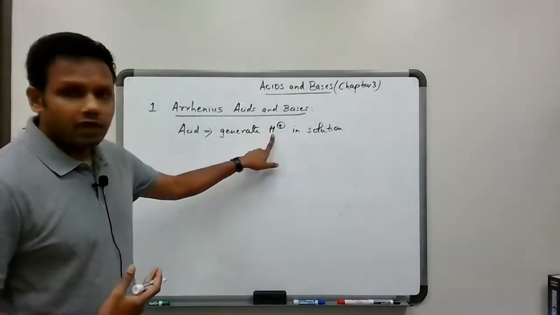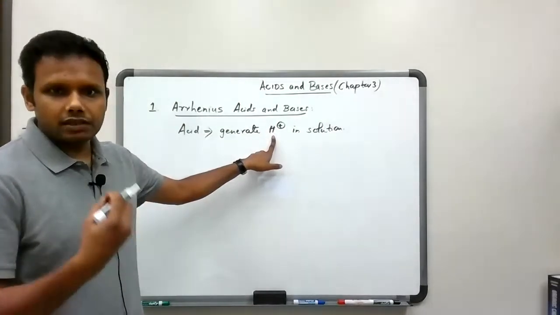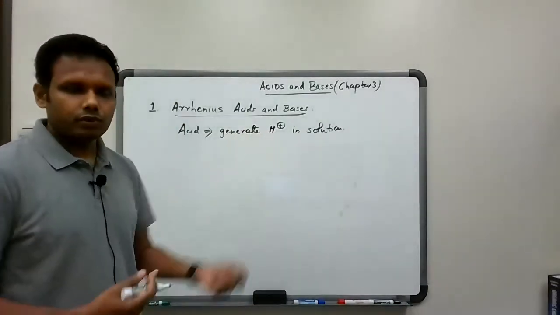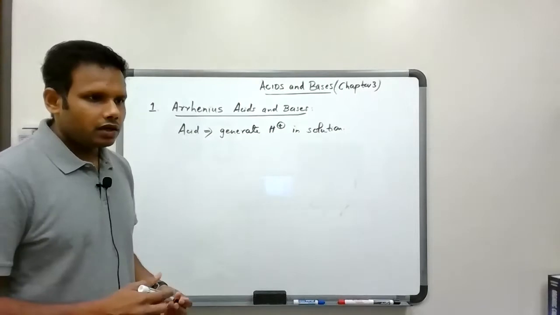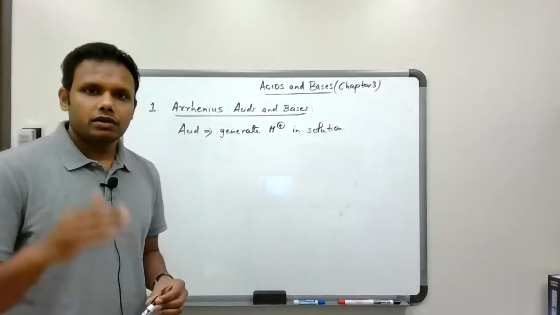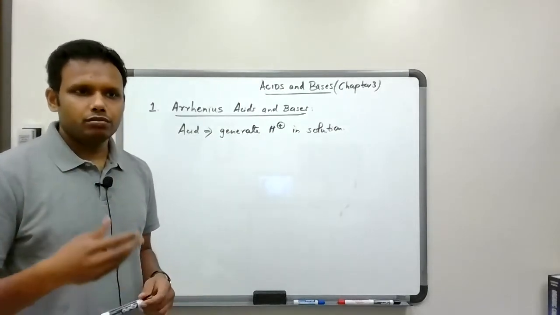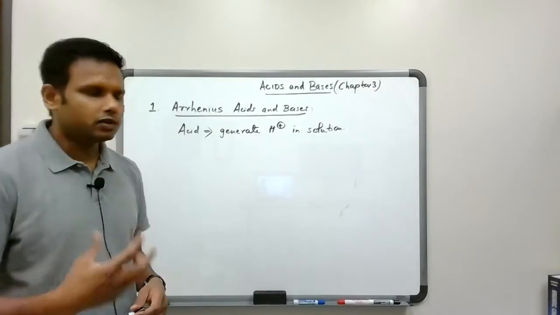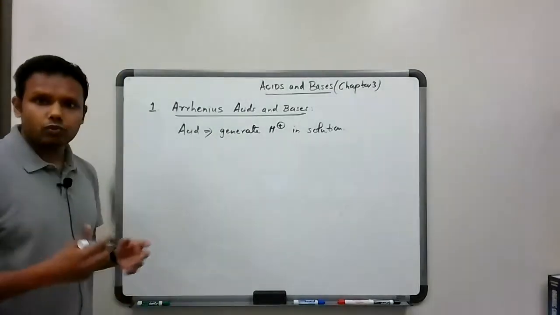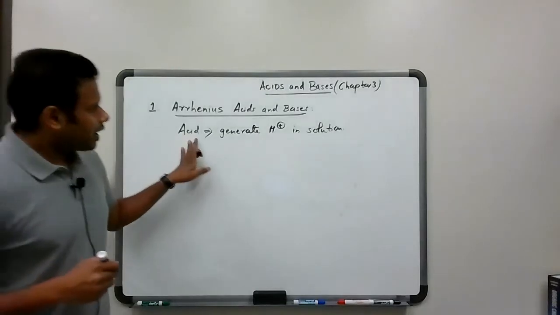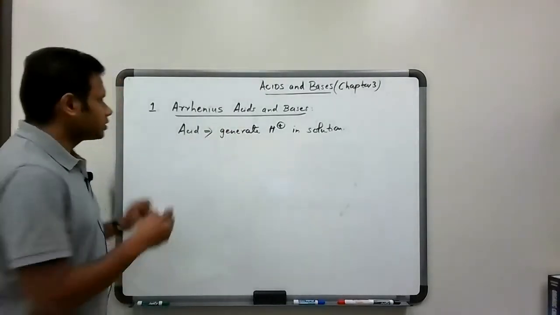So this is a hydrogen atom that is missing its electron. That is the proton that we're talking about. We are not talking about the subatomic particle proton, like the proton in the nucleus. That is not what we're referring to here. So acids generate protons in solution.